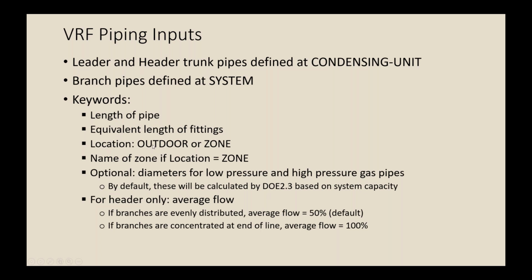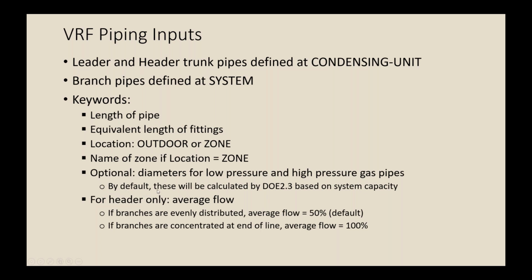Then there's the location for the calculation of the heat loss or heat gain, and it's specified either as outdoor or zone. And if it's specified as zone, then you actually have to identify the name of the zone that the piping is located in. And there's optional input of piping diameters for the low pressure and high pressure gas pipes, which is where most of the energy impacts are.